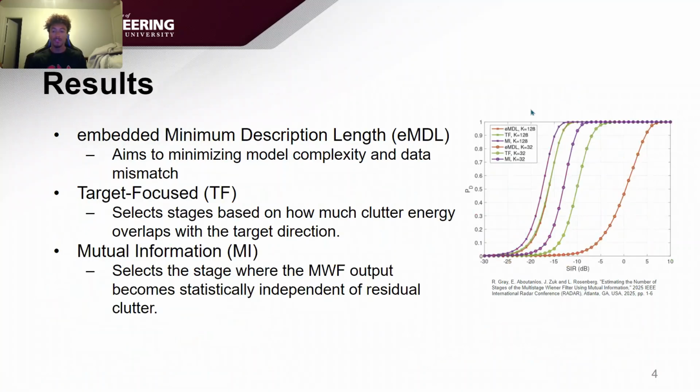What is being developed are three different types of estimation. The first one, embedded minimum description length, or embedded MDL, is an earlier estimation technique that aims to minimize the model complexity and data mismatch.